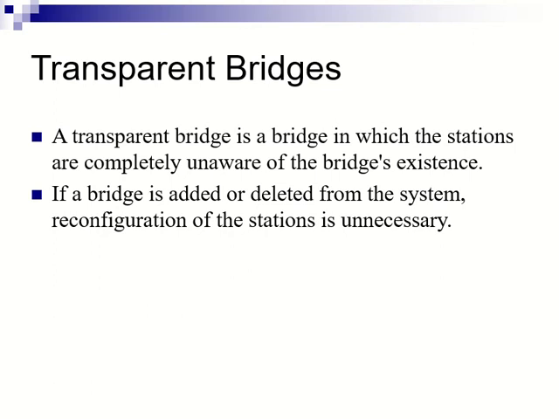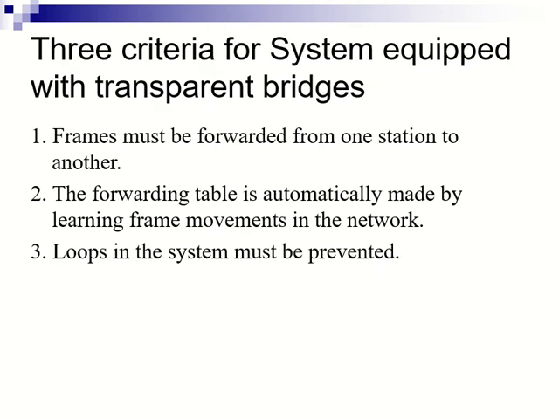Whenever we use any transparent bridge, as per the IEEE 802.1d specification, a system with a transparent switch should meet three criteria. The first criterion is forwarding, that is, a frame must be forwarded from one station to another. The second one is learning, that is, the forwarding table is automatically made by learning frame movement in the network.